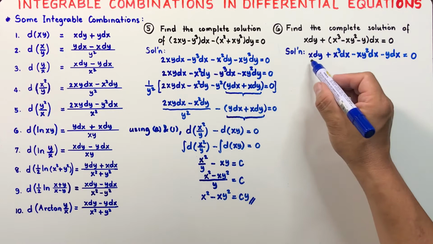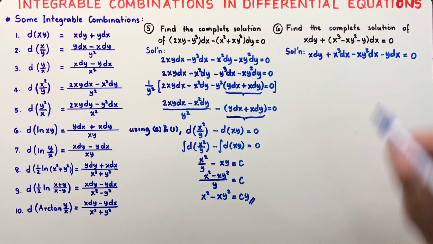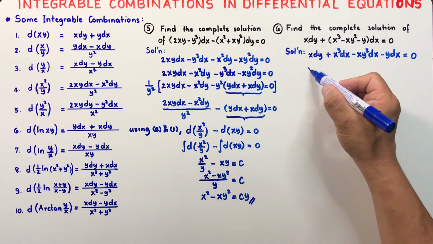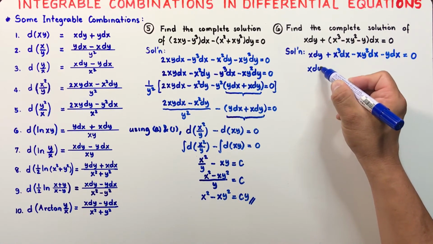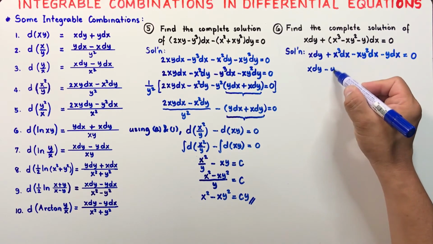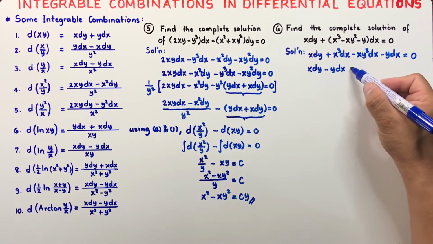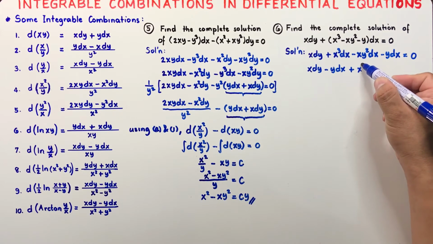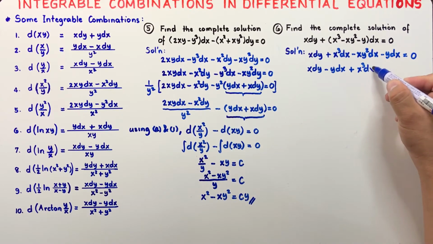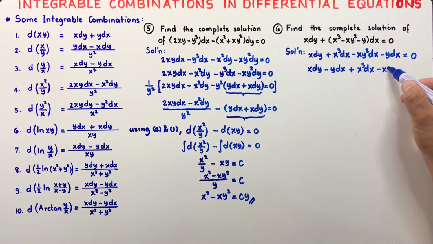And we notice that this first term and the last term here form an integrable combination. So we group them together as x dy minus y dx plus the two middle terms here, minus x y squared dx, and this is equal to 0.